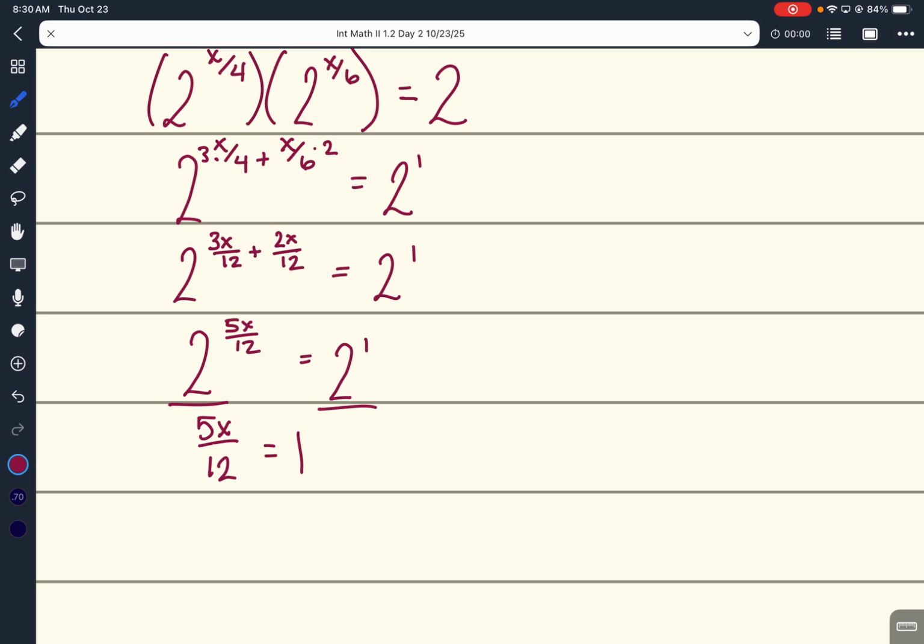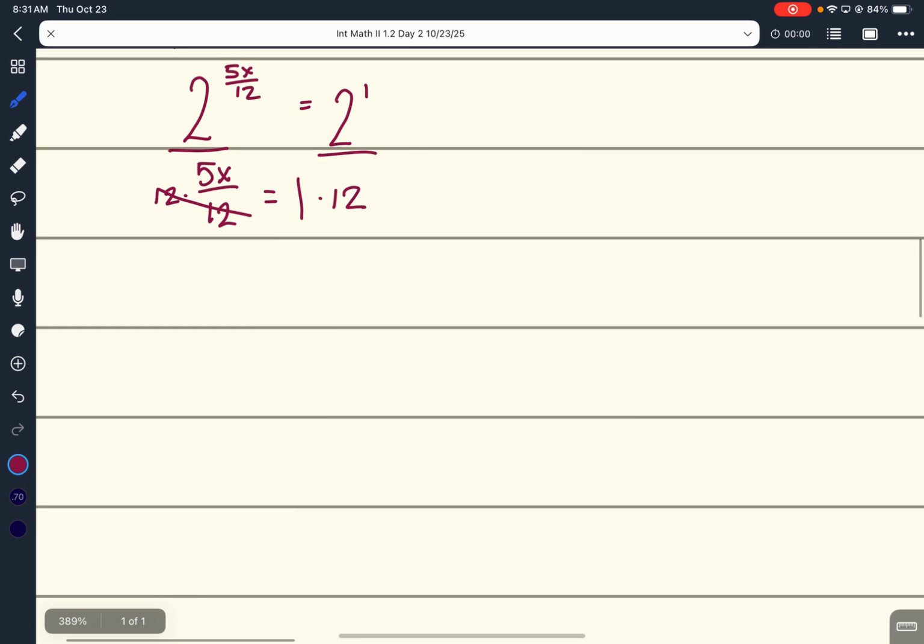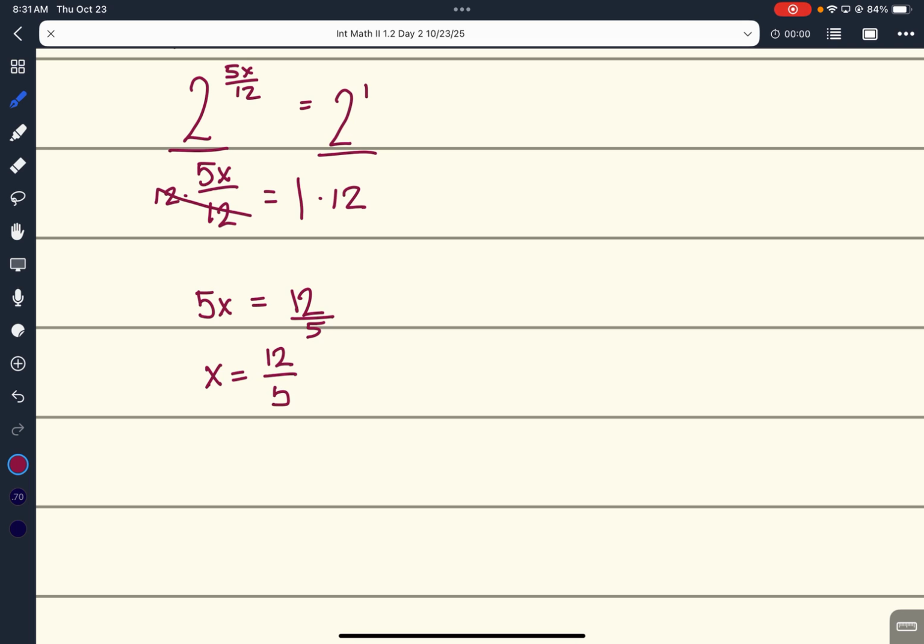And I'm going to clear this 12 by multiplying by 12 on both sides. So that reduces here. So 5x equals 12. So what does x equal? 12 over 5.